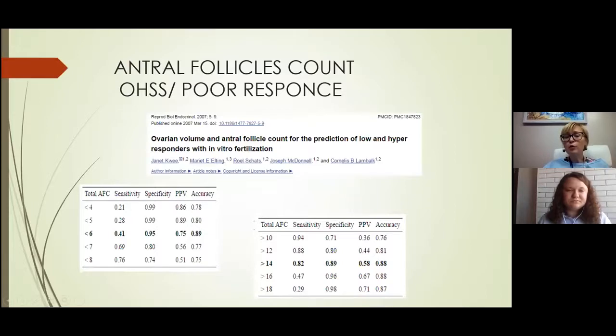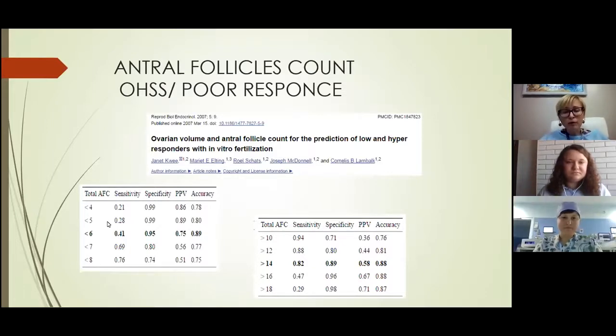If we can see more than 14 follicles in both ovaries, it means that we have a good chance of ovarian hyperstimulation syndrome during controlled ovarian stimulation, and we should take it into consideration, maybe use a last injection of an agonist of gonadotropin releasing hormone and not HCG, which produces this hyperstimulation. If we have less than 5-6 follicles, we can talk about a poor responder.